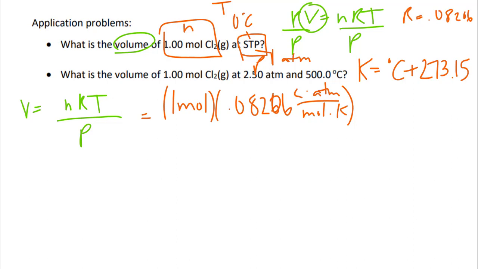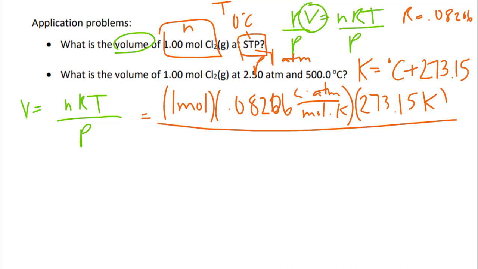And our temperature, if I had 0 degrees Celsius, 0 plus 273.15 would be 273.15 K. So that's my nRT divided by pressure, which we said was 1 atmosphere.